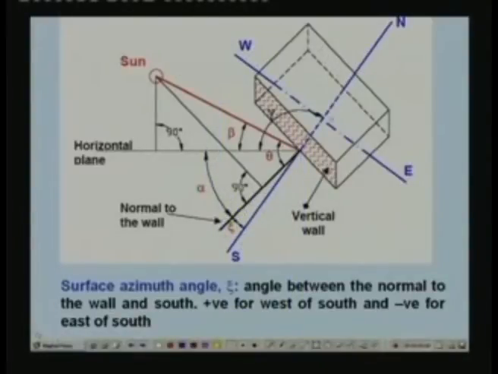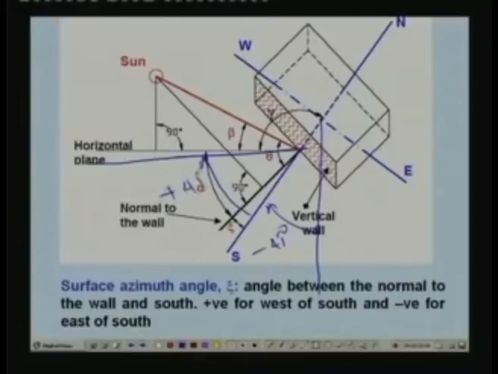Similarly, southeast is minus 45 degrees, whereas southwest is plus 45 degrees, like that. So if you know the orientation of the surface, you can easily find out the value of zeta, and remember the convention followed, that is positive for west of south and negative for east of south.